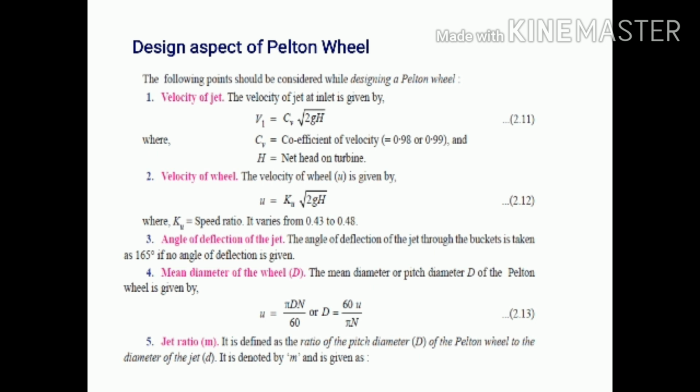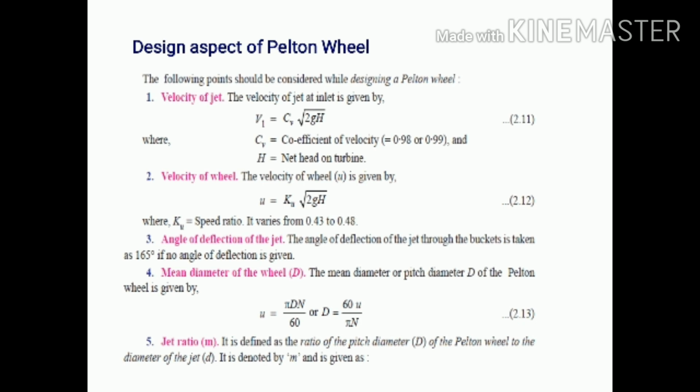Then the velocity of wheel u: we have seen one formula, pi d n by 60, and another formula, u is equal to ku root 2gh. The value of ku ranges from 0.43 to 0.48. Remember, by using these two formulae in combination we can calculate the speed if not given.